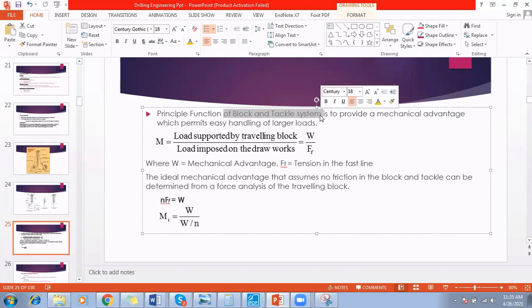So the capacity of the block and tackle system to lift the load is explained in terms of mechanical advantage. Now what is mechanical advantage? Mechanical advantage is actually the ratio of 2 loads. Now where are these loads? The load supported by the traveling block and the load imposed on the drawworks.